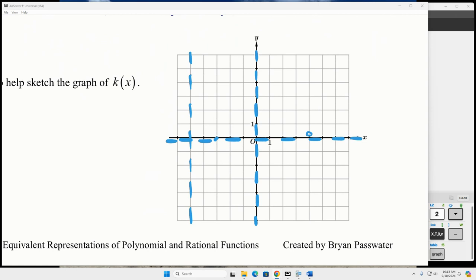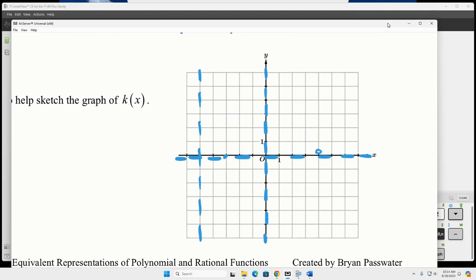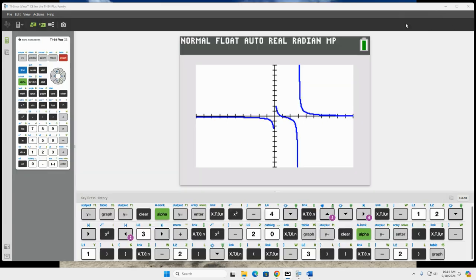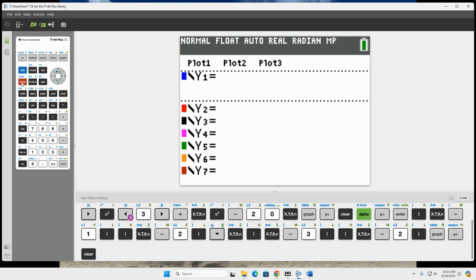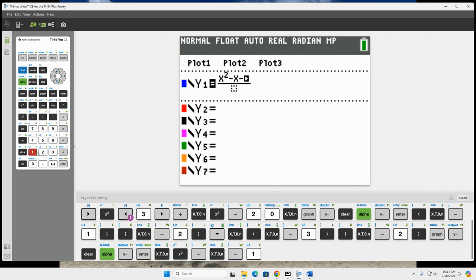All right, so now when you guys do this on your own, when you do the function, I would definitely do alpha y equals for my fraction. And I think it's slightly easier just to type in the original function, but factored form will give you the same exact graph.